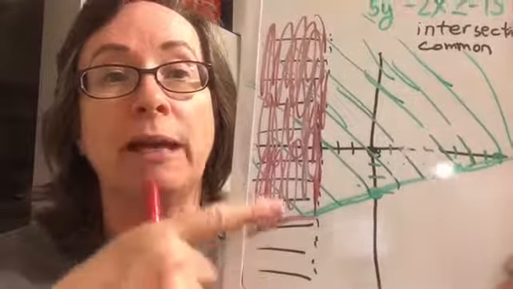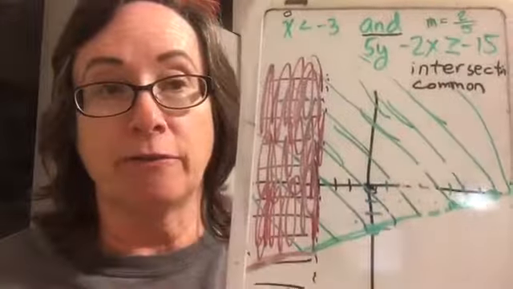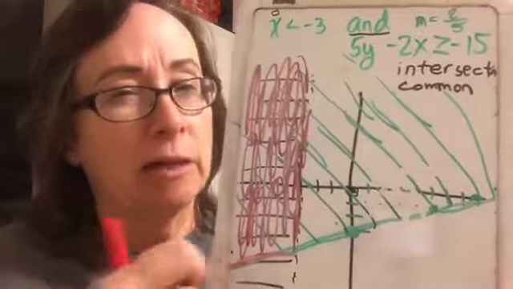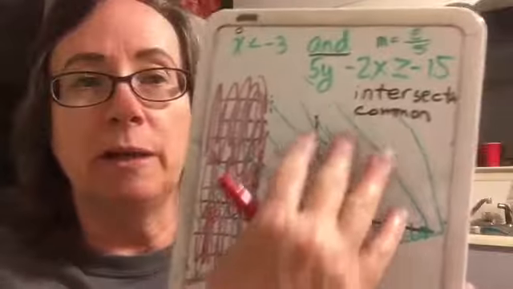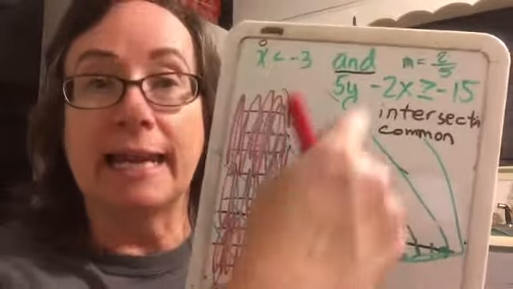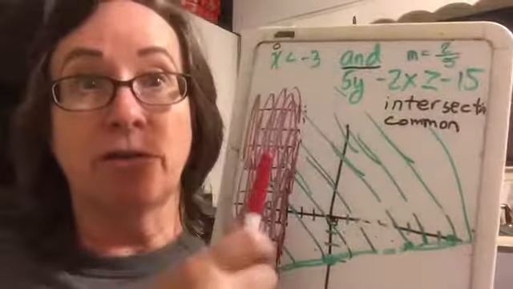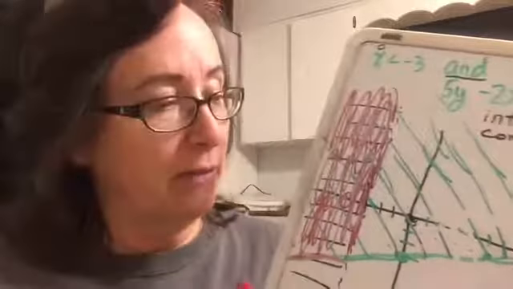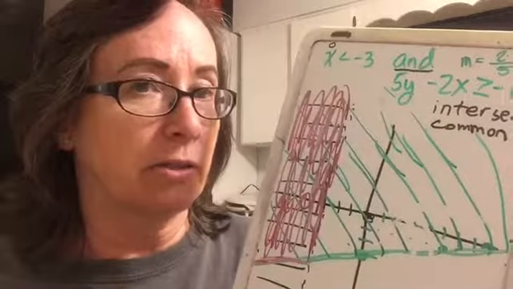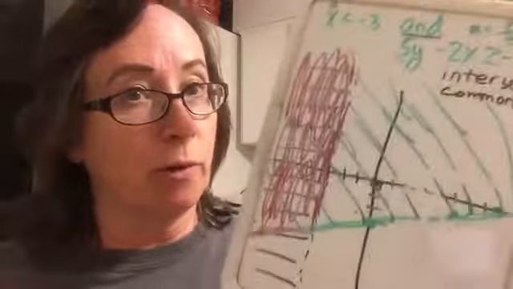You show me the black part, the first inequality, lightly. You show me the other inequality lightly, and then you thoroughly shade the part that is going to be the solution that's both.